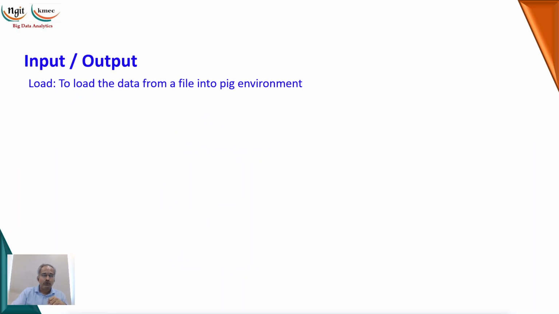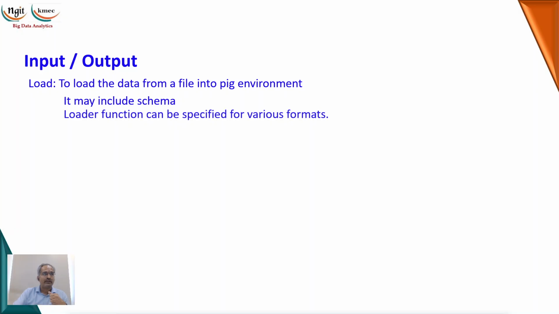Input output. Load is the input operation. If you have the data in the HDFS, you can load that data into a Pig program, and then you can work with that. And again, if you want, you can write it back. That is the input output statement. So for loading the data, for taking the data as the input, that is the load operation. It may include the schema or it can guess the schema.